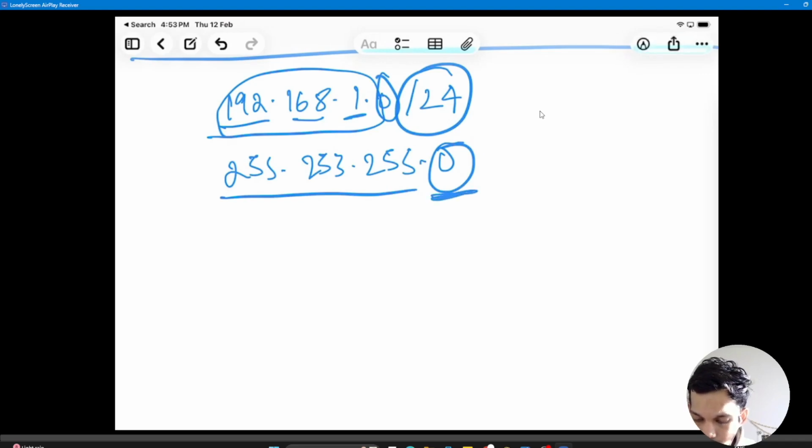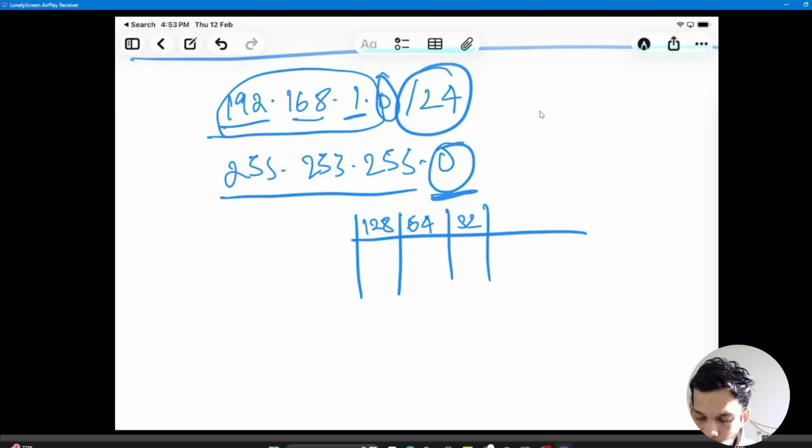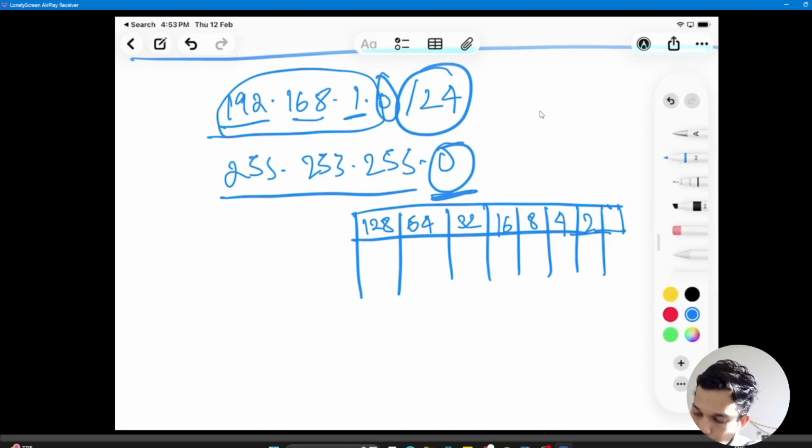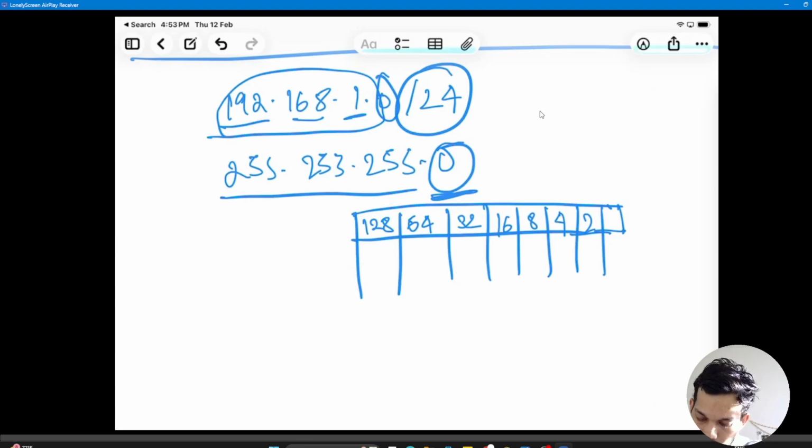So let's categorize the bit values: 128, 64, 32, 16, 8, 4, 2, 1. Let's assume a new color for /24.